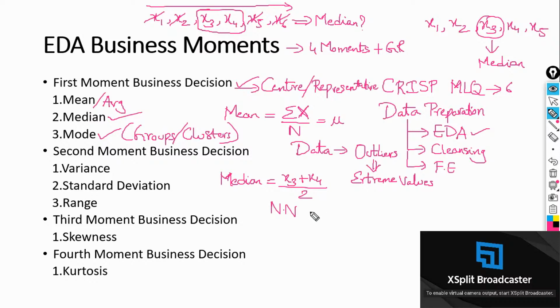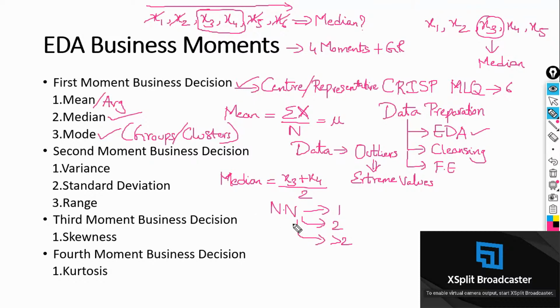If I get one value for my mode, it will be unimodal. If I get two values for my mode, it is bimodal. If I get more than two, it is multimodal. So there are different types of mode, and depending on the output for the mode, we can comment on the number of clusters, the number of groups, into how many groups we can cluster the data.